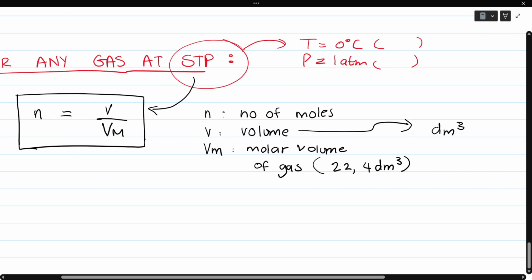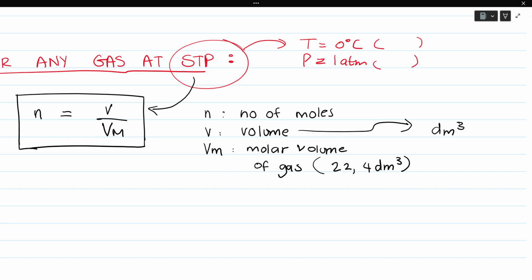For that reason, we're now going to look at conversions, because they're definitely not going to give it to you in SI units. If they do, that's good, but always make sure you check that your volume is in decimeter cubed.